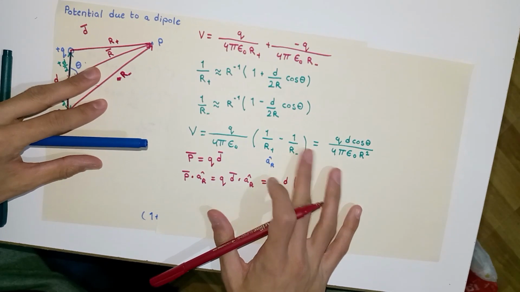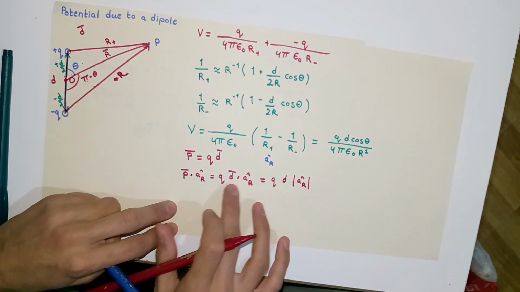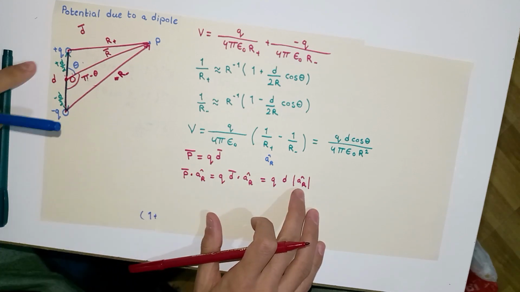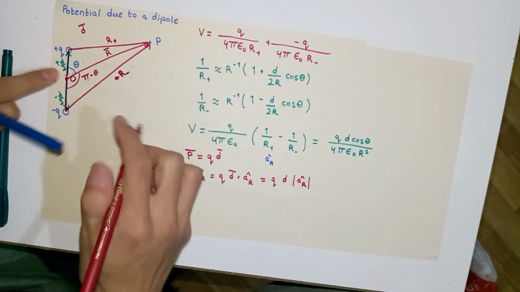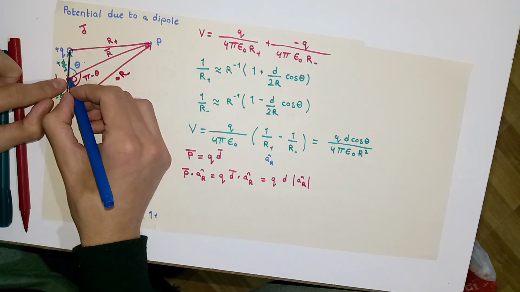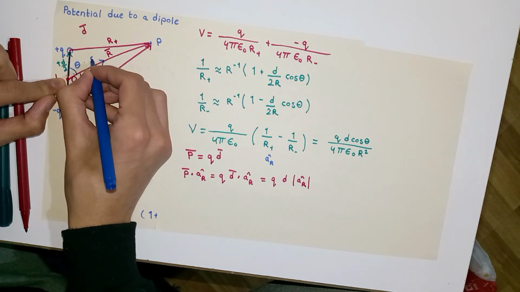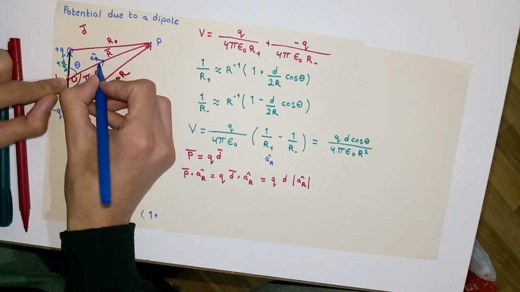And in order to find the angle between these two vectors, let's look at this equation. By the way, the radial vector is aligned with this r vector, okay? This is the radial vector.